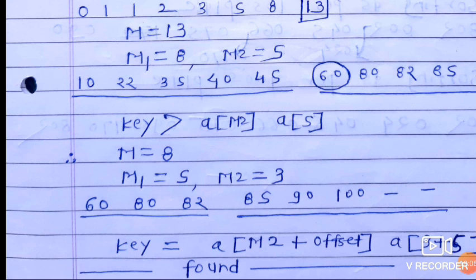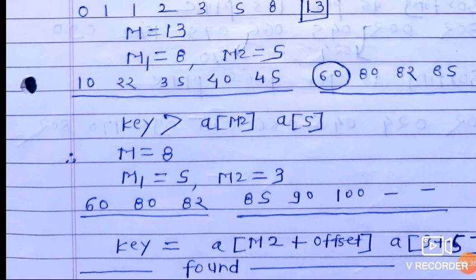Once we have m1, m2, we compare key with a of m2 plus offset. In the first step, no need to consider offset value as it is 0. If key is equal to a of m2, we can say key is found. If key is not equal, now it may be greater than a of m2 or it may be smaller than a of m2.